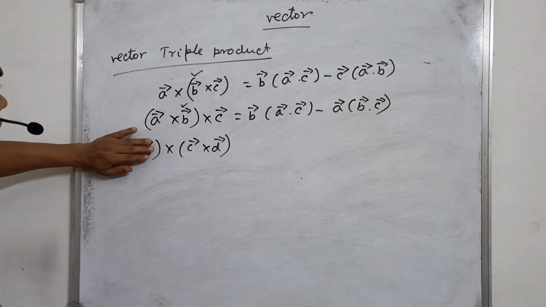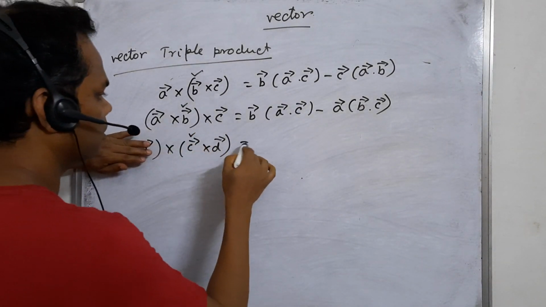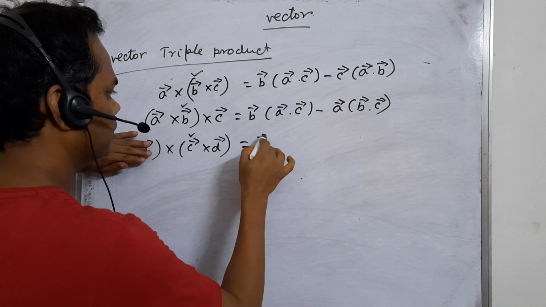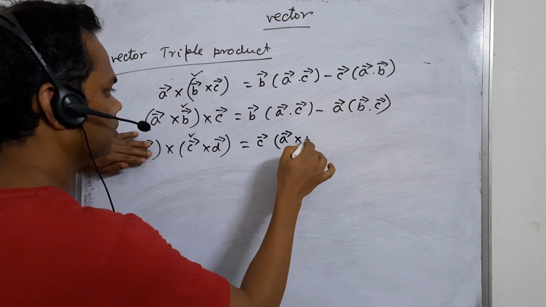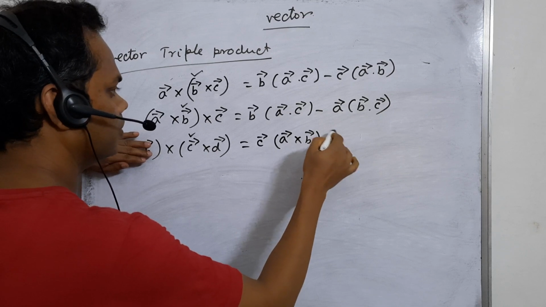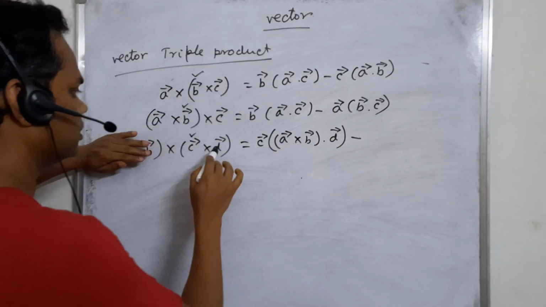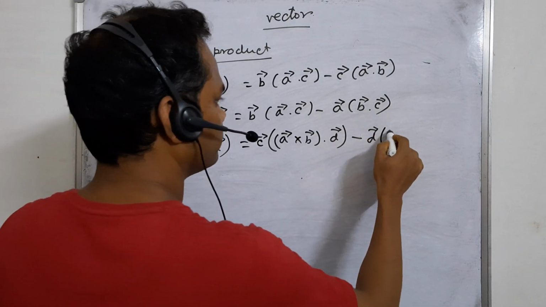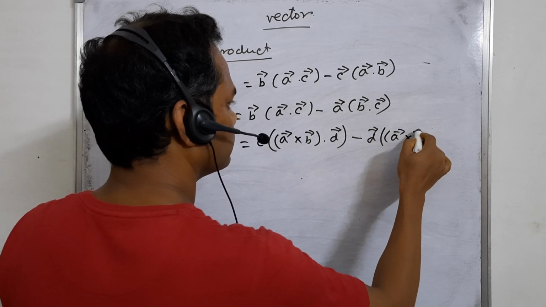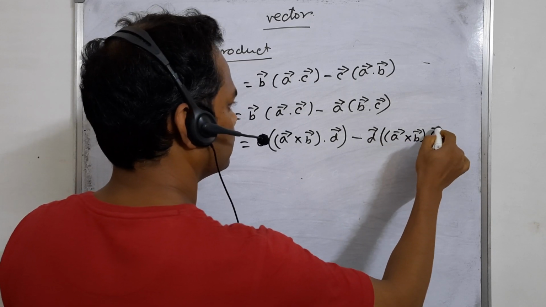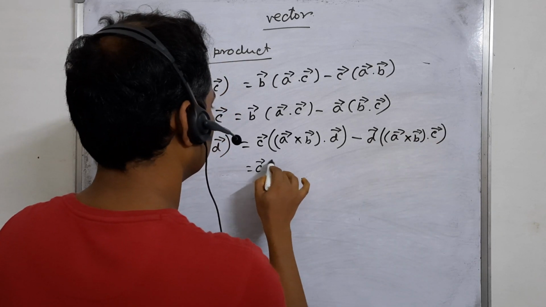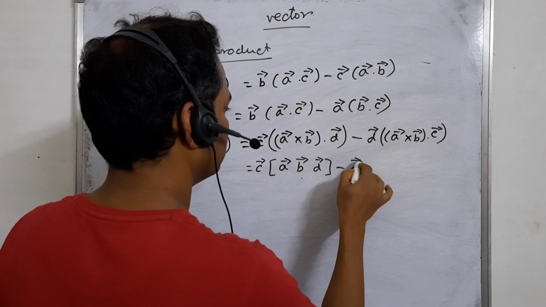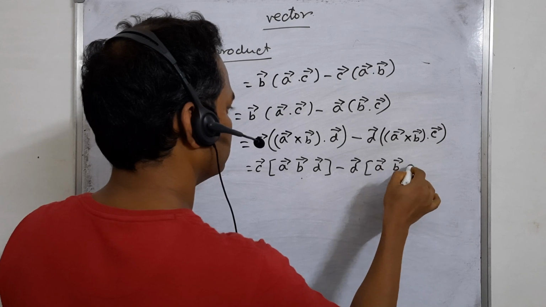Let A cross B be taken as one vector, then C is the middle, so using this formula, C vector A cross B dot D vector, minus D vector A cross B dot C vector. Then C vector box A B D minus D vector box A B C.